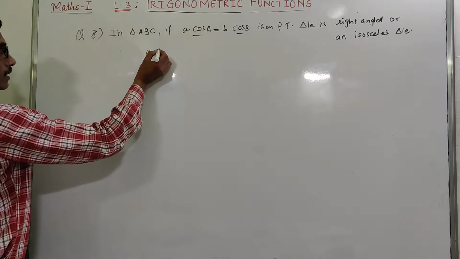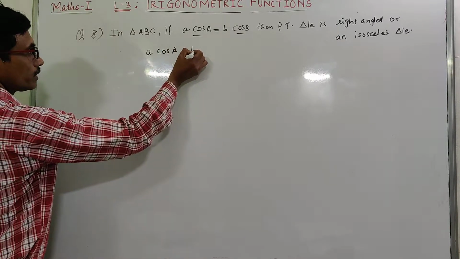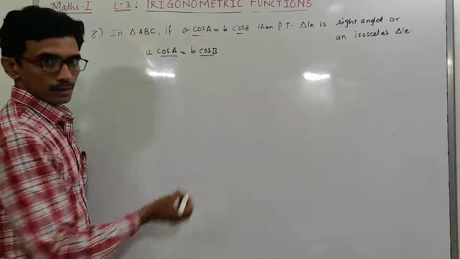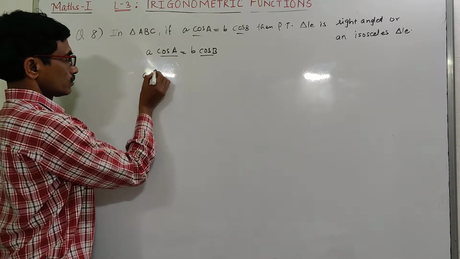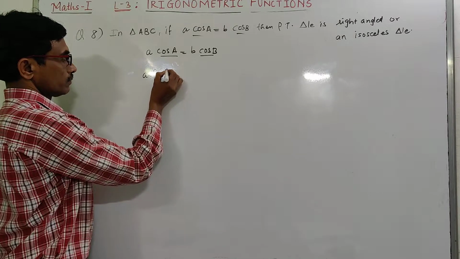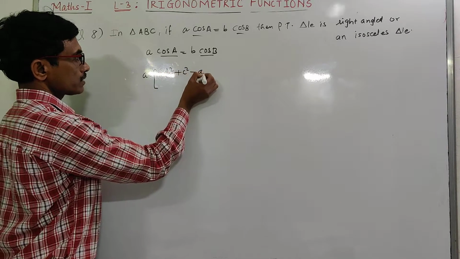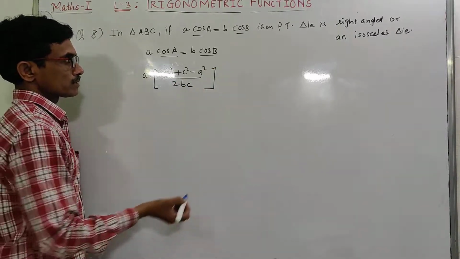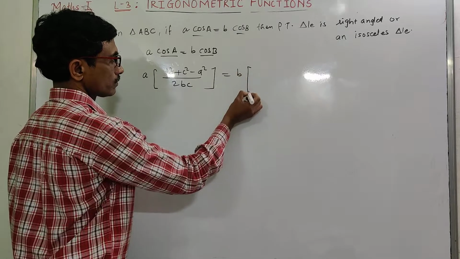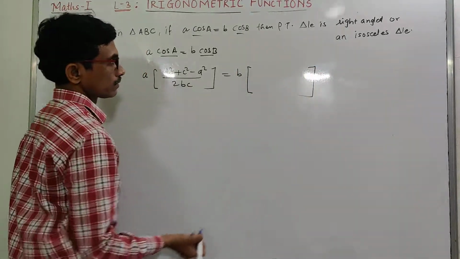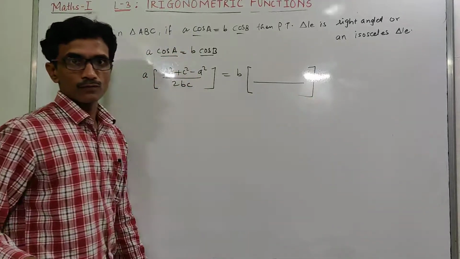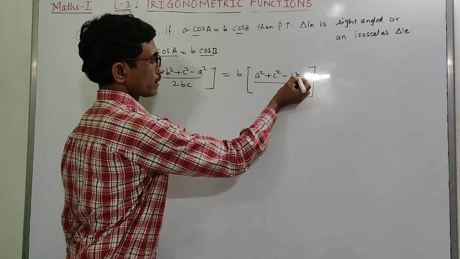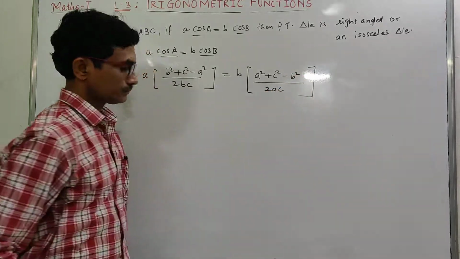See what is given here, a cos A is equal to b cos B. Cosine rule we use here: a into (b square plus c square minus a square) upon 2bc is equal to b into, again cosine rule we use, (a square plus c square minus b square) upon 2ac.